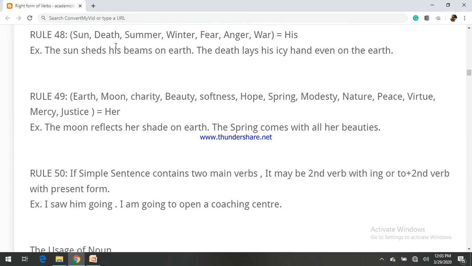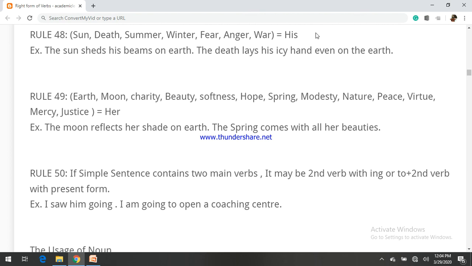Rule 48. Sun, death, summer, winter, fear, anger, or war are equal to his. In English, these words are called masculine gender. That's why he or his. Sun, death, summer, winter, fear, anger, or war are compared with men, not women.